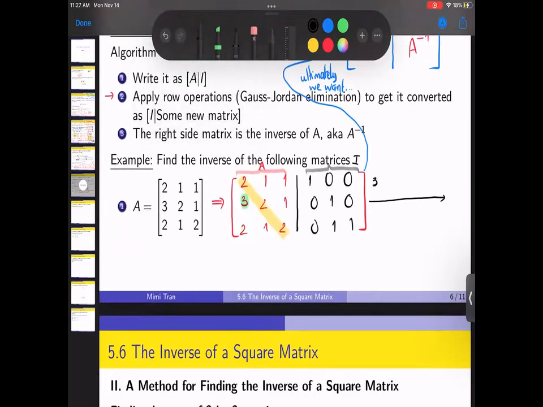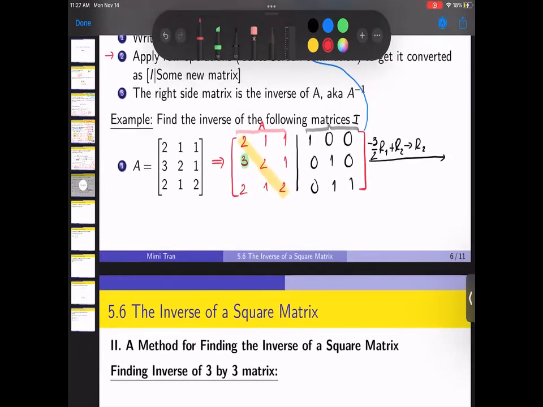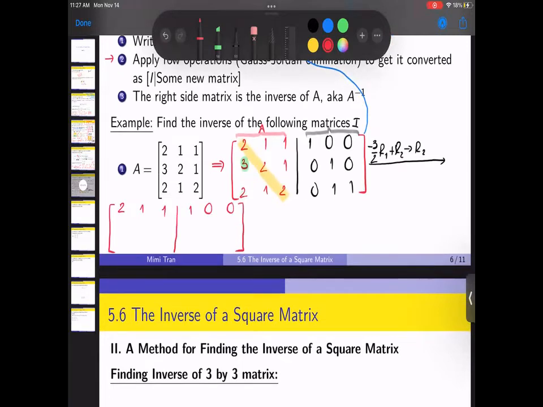So -3/2 R1 added to R2 gives me the new R2, very similar to what you did. The first row is the same, and we rewrite it so we don't forget: 2, 1, 1, then the vertical line, then 1, 0, 0, close the parenthesis. Now the second row is going to change, the whole row, both left and right sides. The first entry is 0, which is what we want.